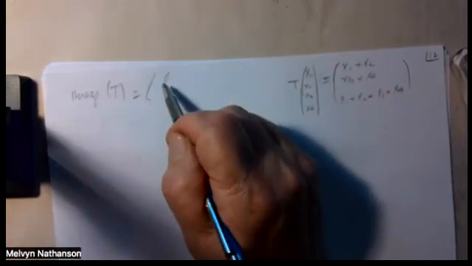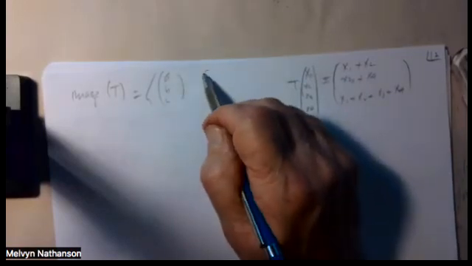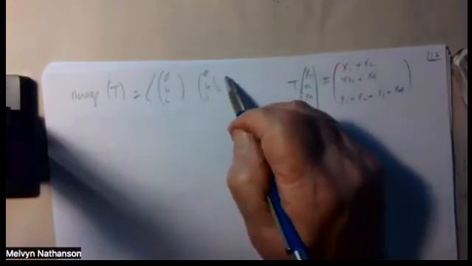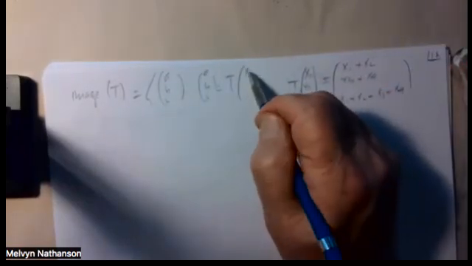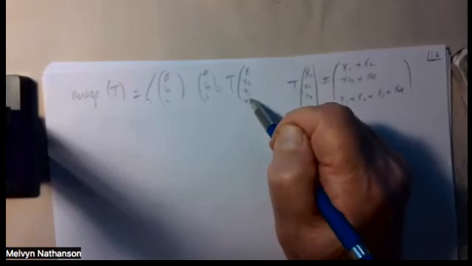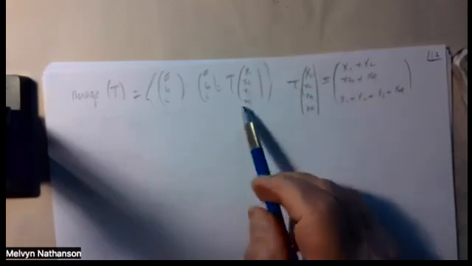So the image is all vectors A, B, C such that A, B, C is T of x1, x2, x3, x4 for some vector in R4.